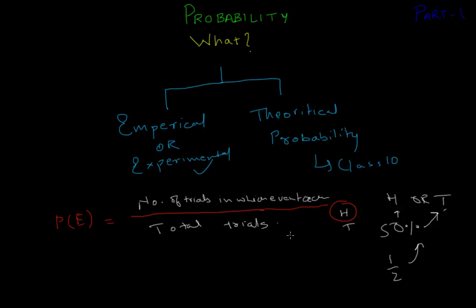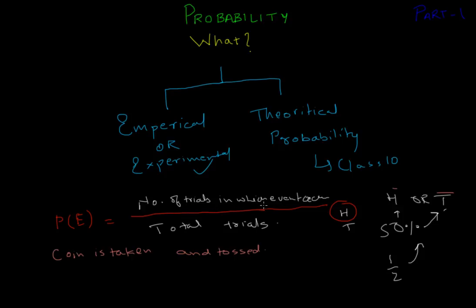So this coin example can be written as: say a coin is taken and tossed. So there is equal probability of heads and tails.